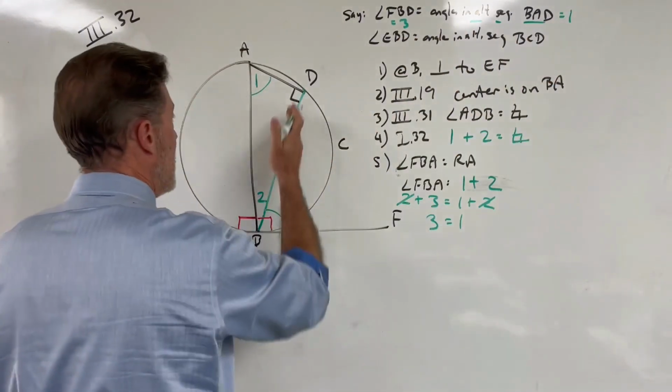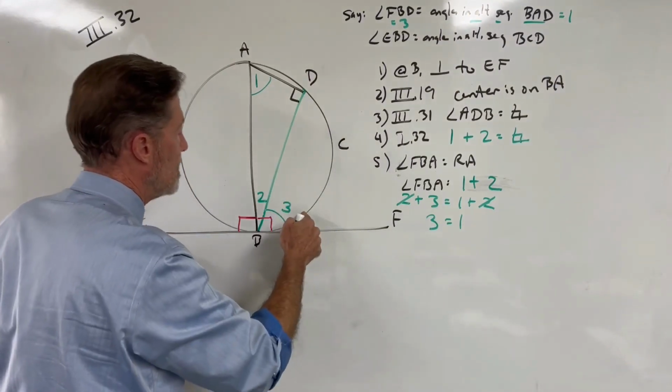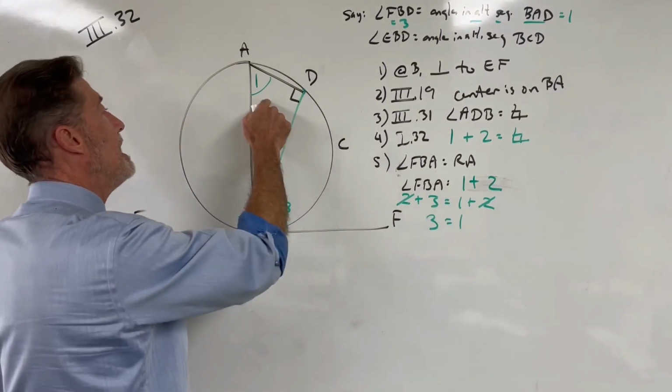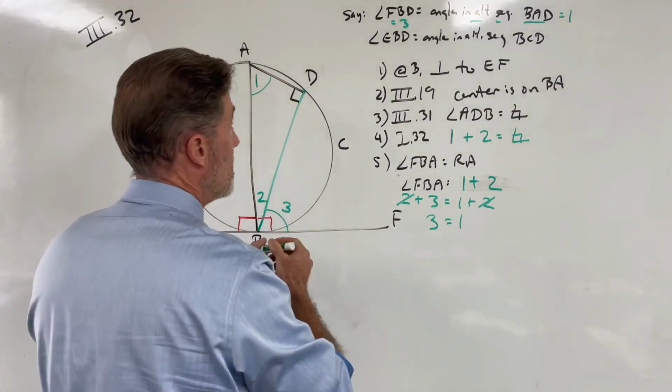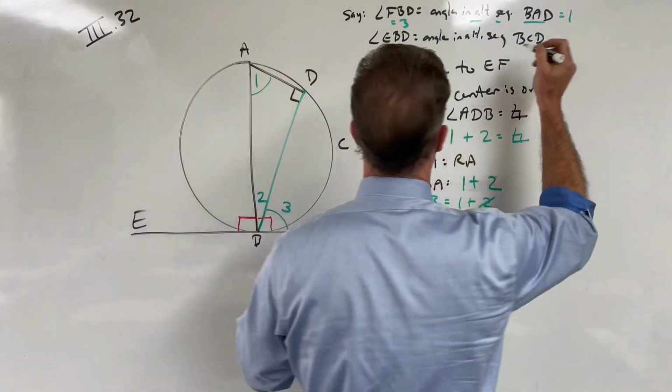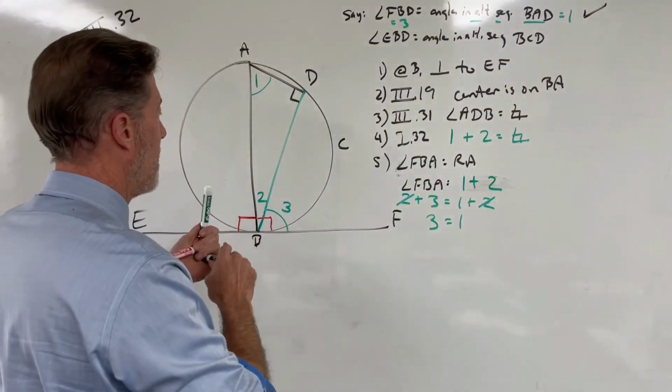Therefore, the angle created between this cutting line and the tangent, angle 3, is equal to the angle contained in the alternate segment of the circle. So that is the first thing that we have proven.